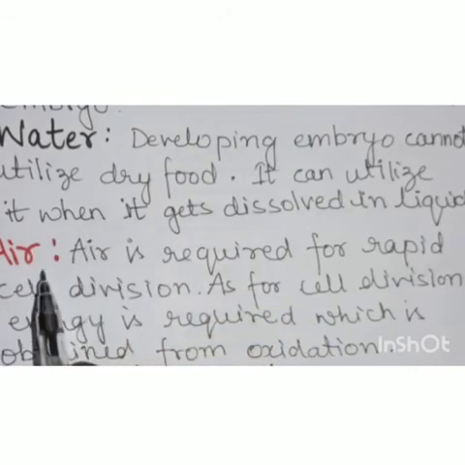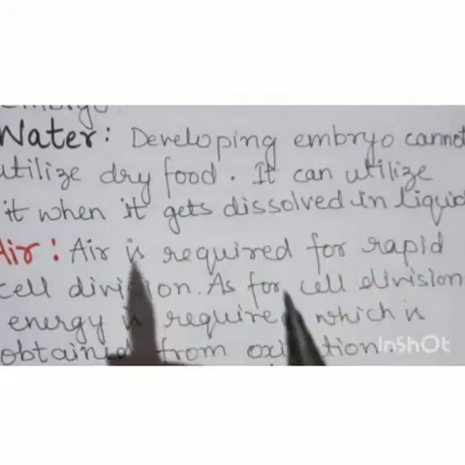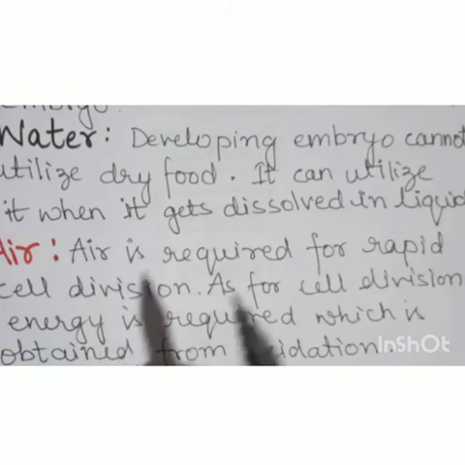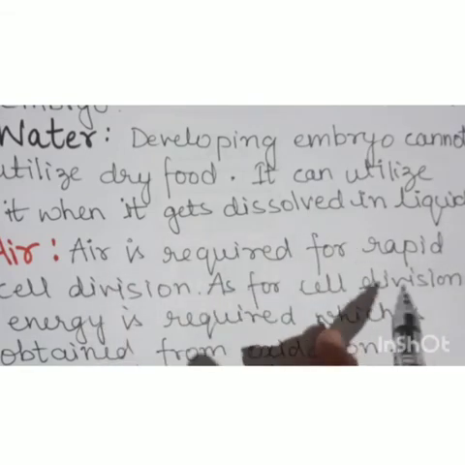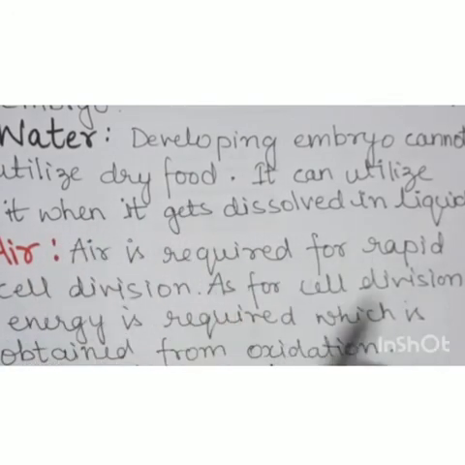Then comes air. Air is required for rapid cell division. Cell division means growth. So for cell division, energy is required, which is obtained from oxidation. That means what is required here? Air, oxygen is required.